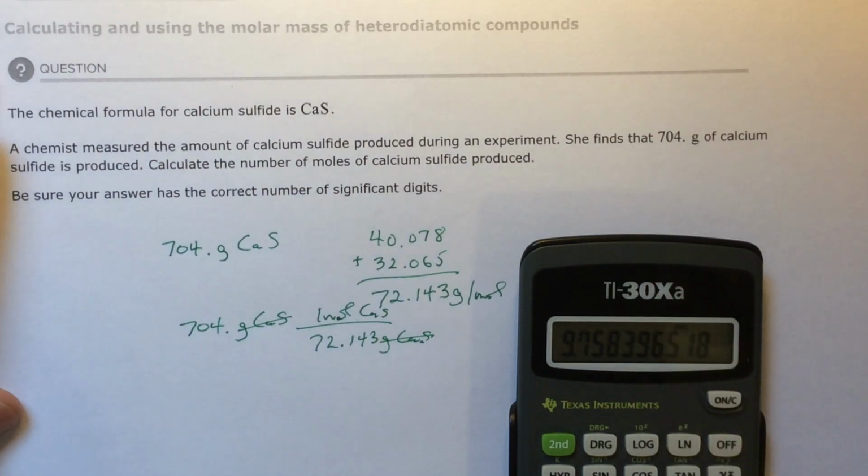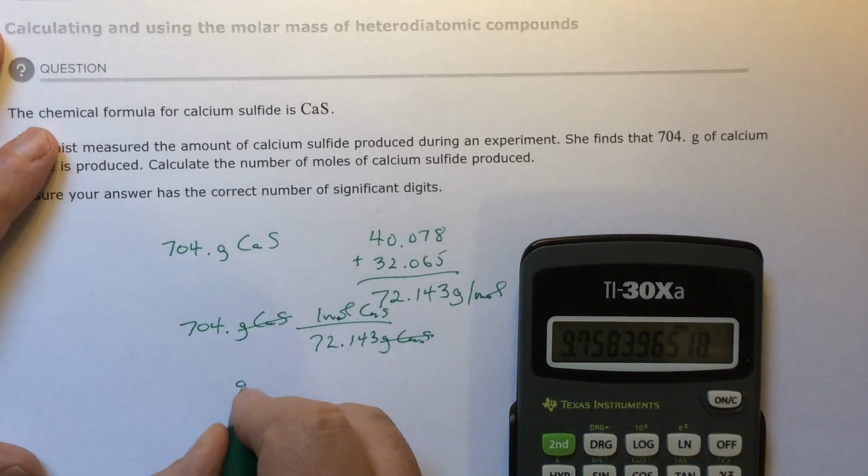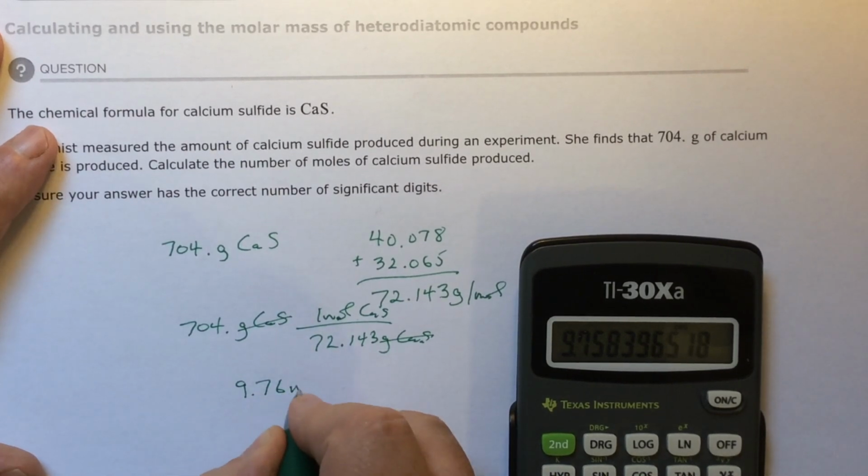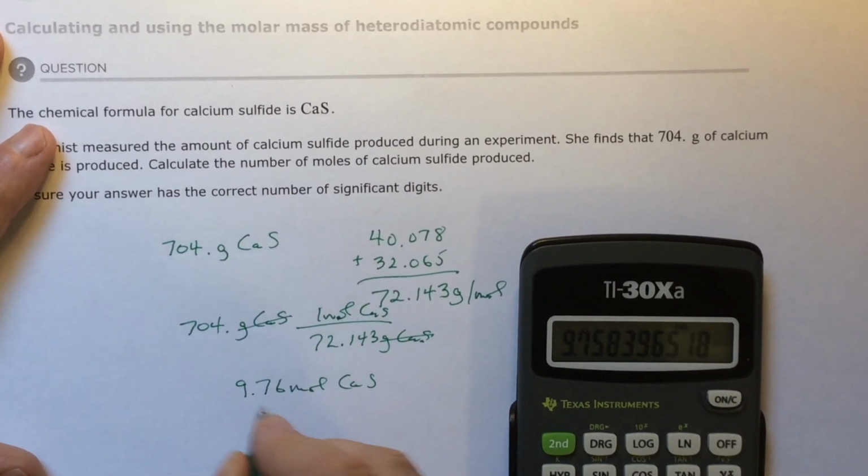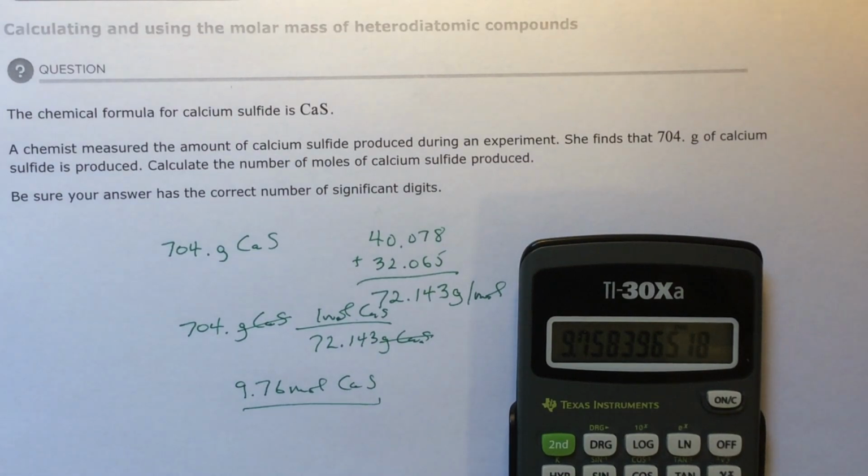So I start with 3, so I go to the third digit, this 5, and look at the next one. It's more than 5, which means the 5 goes up to 6. And so when I write it down, it's going to be 9.76 moles of calcium sulfide. Okay, hope that helps.